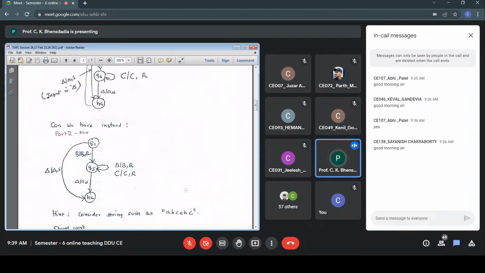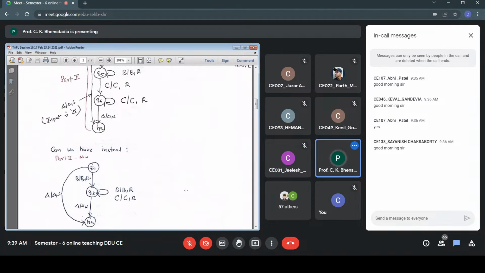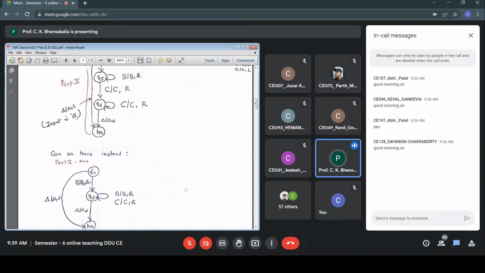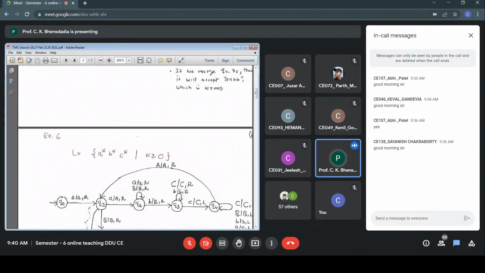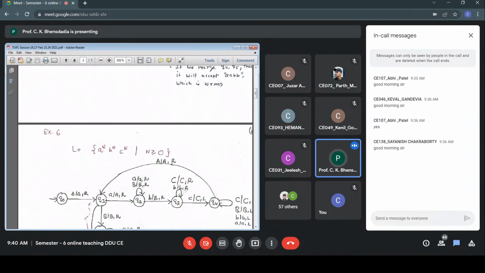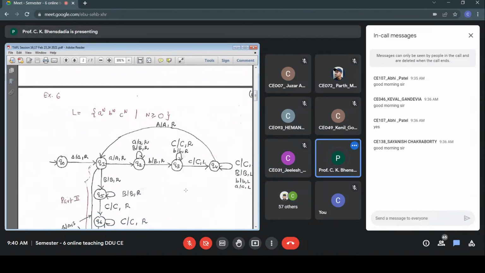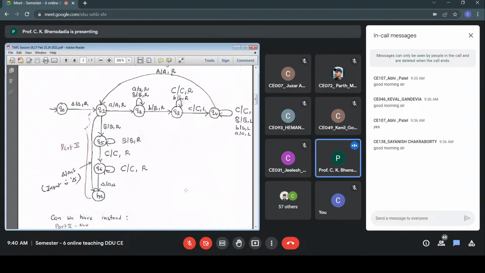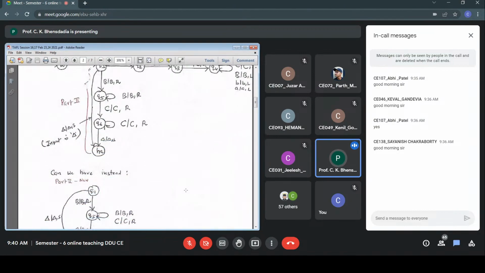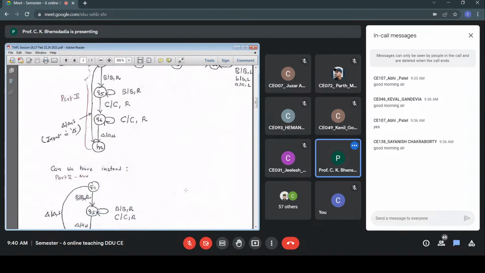So we should be able to handle a string of the form... When we merge Q5, Q6, what do we expect? Once we get a B, and my string is already in order, all A's, then all B's, and then all C's. That is my assumption. If that assumption is correct, then we can merge Q5, Q6, and therefore we have a single state Q5 where we skip BBR, CCR, and then go to the halting state.